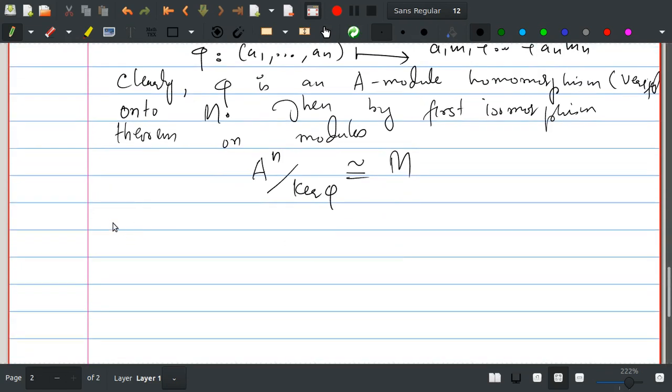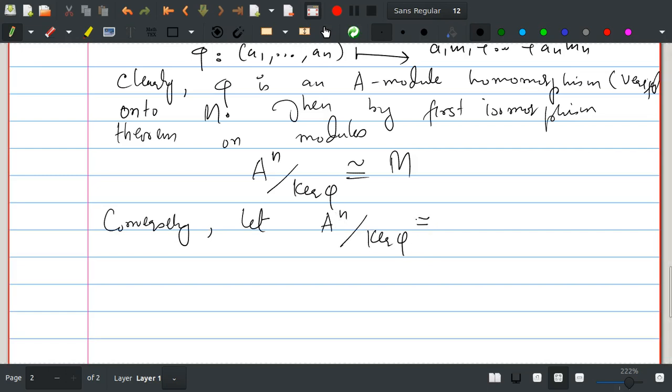So conversely, let A to the power n mod kernel of phi be isomorphic to M. Now we have to prove this M is finitely generated.